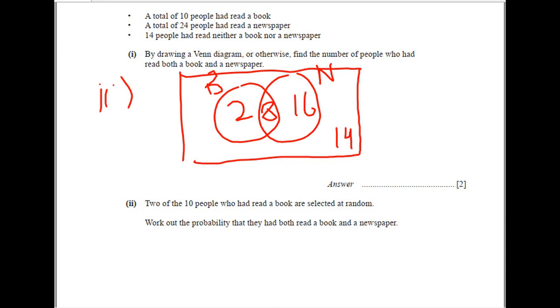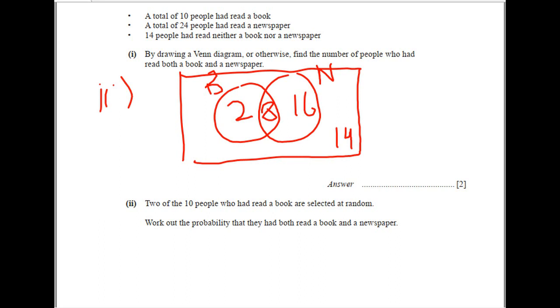Alright, part 2. 2 of the 10 people who had read a book are selected. So 2 people are selected from this category. Work out the probability that they had both read a book and a newspaper. So they should both belong to this region.